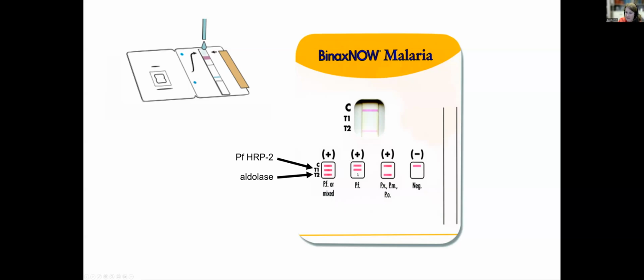If you only have the top two with your T1 band, then this is Plasmodium falciparum. If you have the T2 band and not the T1 band, it is one of the species other than Plasmodium falciparum. And then if you have just the control band, it's negative. If you do not have the control band, then it did not work and you have to discard the result and try to get a new test.